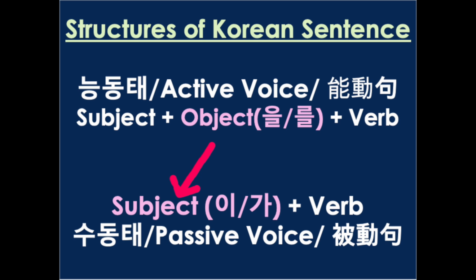However, when the active voice sentence is changed into the passive voice sentence, the structure of the sentence is also changed. As you can see in the slide, the object of the active voice sentence becomes the subject in the passive voice sentence, and therefore it needs the subject marker 이 or 가.